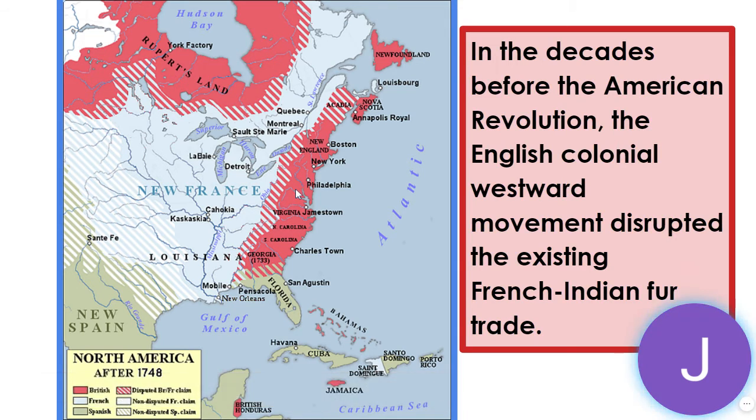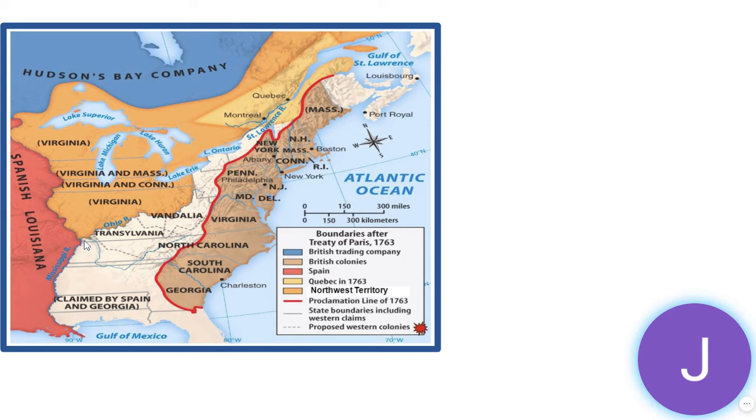The British colonists are trying to move out west, trying to get more land, better, more fertile land. And as they're doing that, they're brushing up against the French and the Native Americans that are doing the fur trading out there.